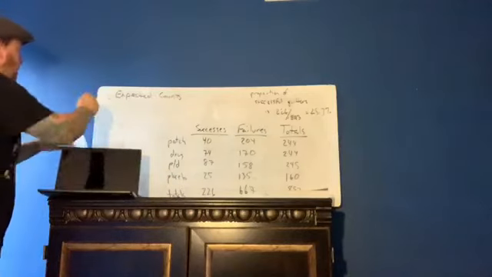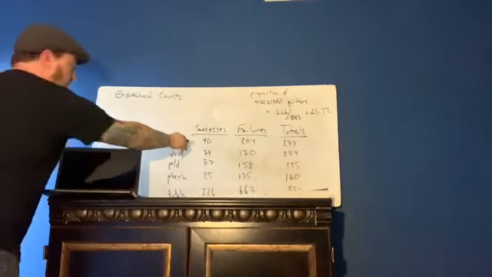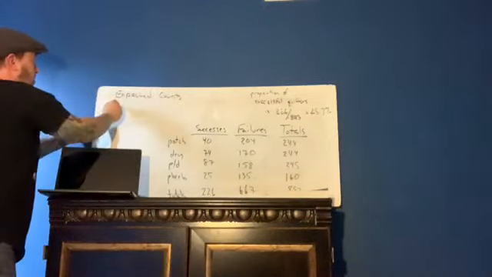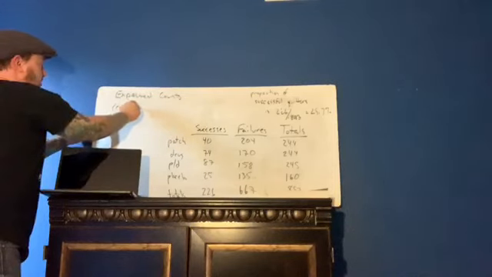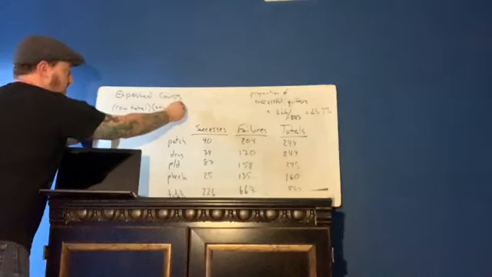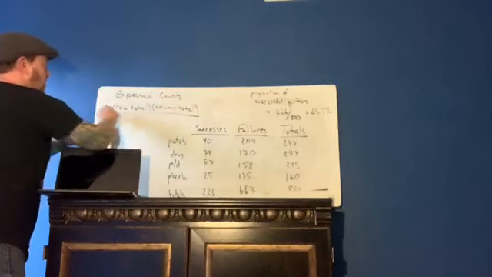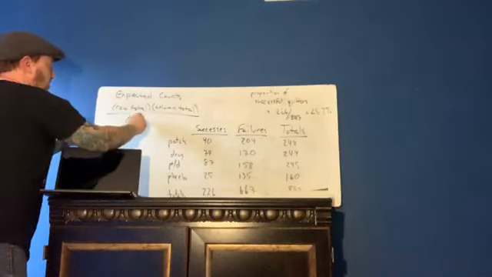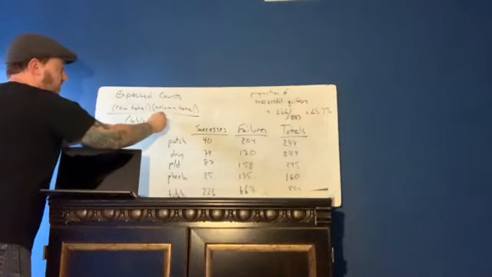Is going to be, for each thing, row total times column total over table total.